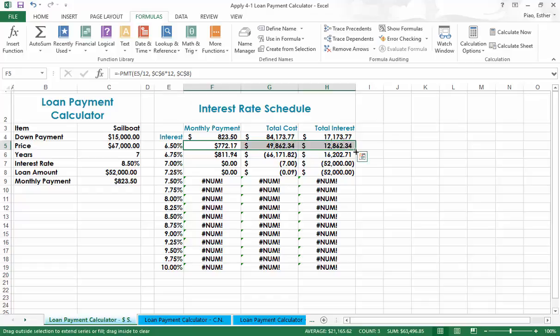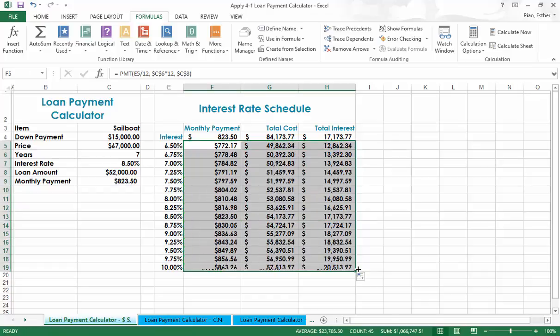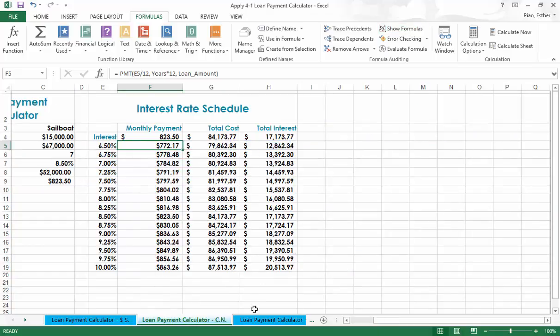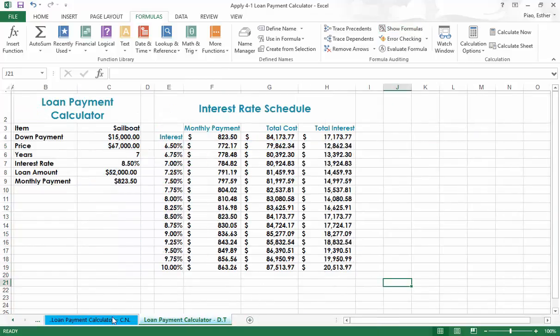Now with all these measures put in, if you drag it, you will get exactly the same results which you have got on all these previous occasions.